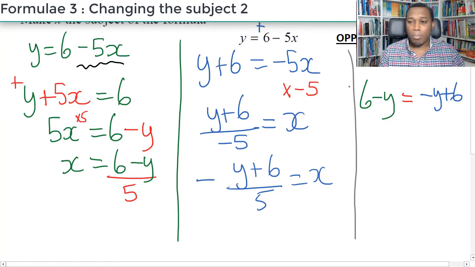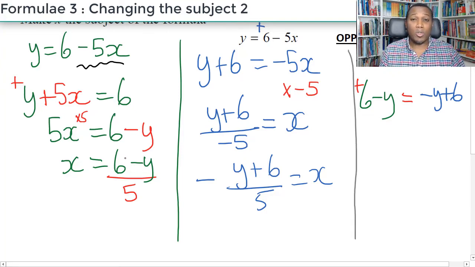The 6 is positive. So if I change the order, I have a positive 6 and negative y. So if I was to change the order, I have negative y, I have positive 6. They're equal. It's just written in a different form. Instead of writing minus y plus 6, it looks nicer to write 6 take away y, but they're the same.